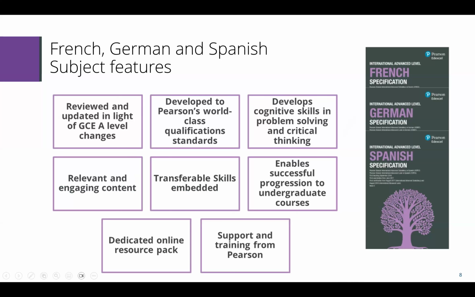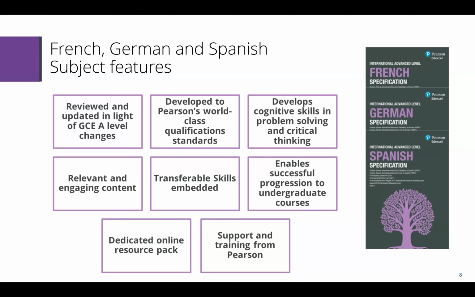Just a few features about the three languages, and I think one of the things that isn't on here is the fact that it's a module, of course, so your students can enter, let's say, for example, you had some native speakers or near native speakers and they wanted to enter the speaking test for AS in January, then they could.